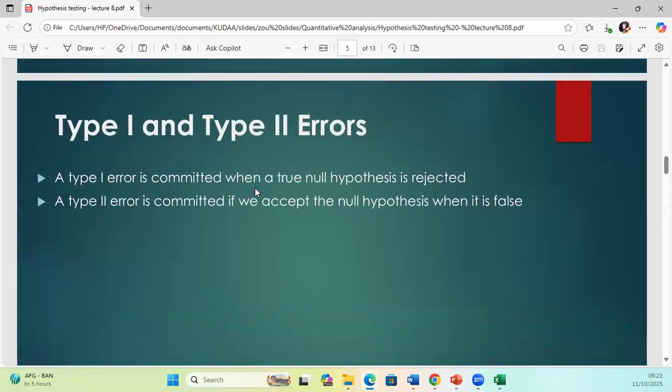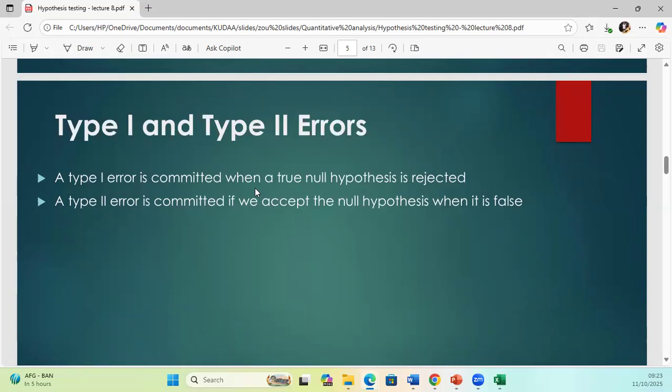We also talked about the type 1 error that could be committed, and we can also commit a type 2 error. What is a type 1 error? A type 1 error is committed when a true null hypothesis is rejected. Someone comes up and says, I have a cure for cancer, and we know there was no cure for cancer. Then we say their claim is true, and we reject what we know, that there is no cure.